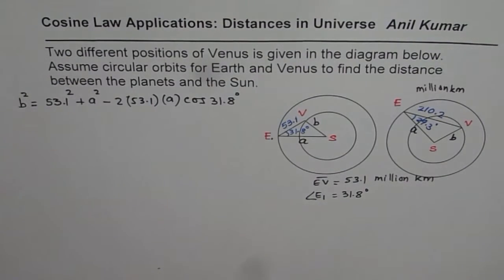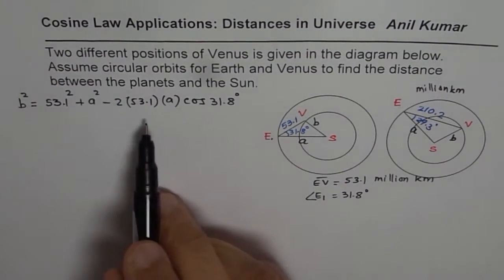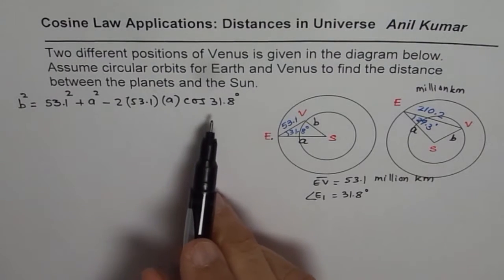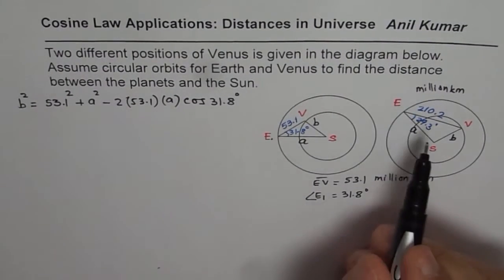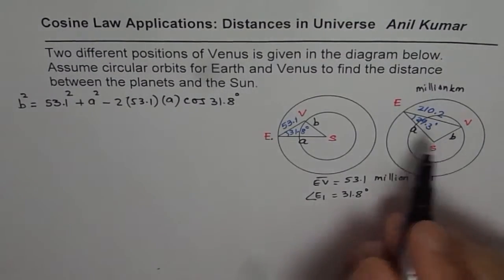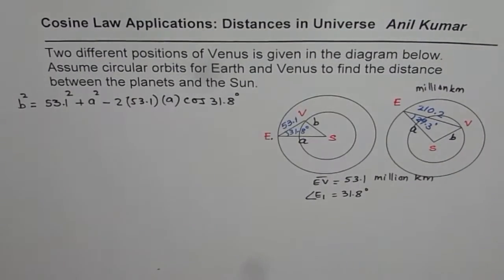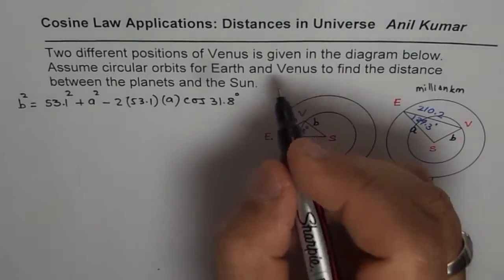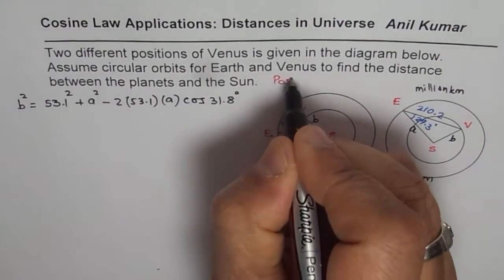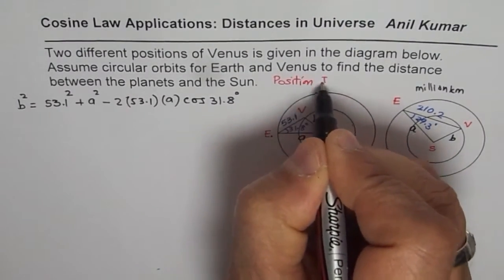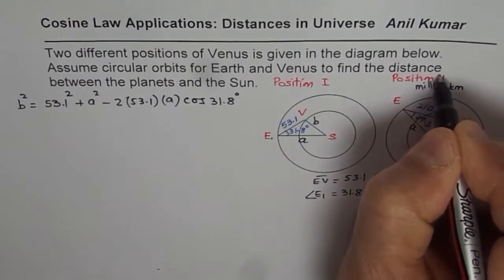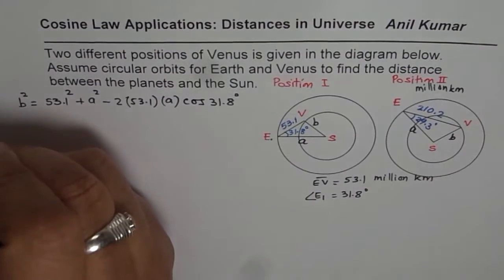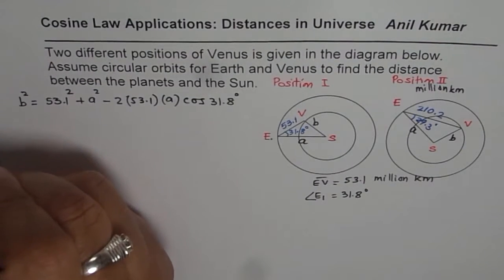Correct. Now you can use the calculator to find the values and simplify it a bit. These are two different positions. Let me write them as position 1 and position 2.